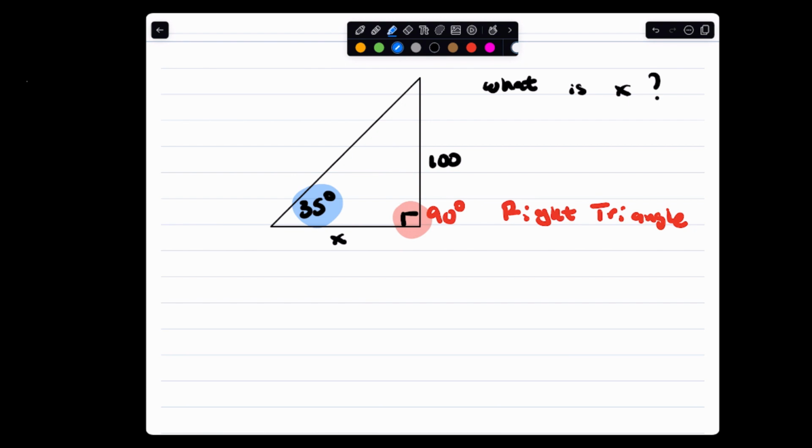If I ask you guys this question here, this 100, what do you call that in relation to the angle? That's known as your opposite side. Is that true? So far, so good? And then what is this distance down here known as?